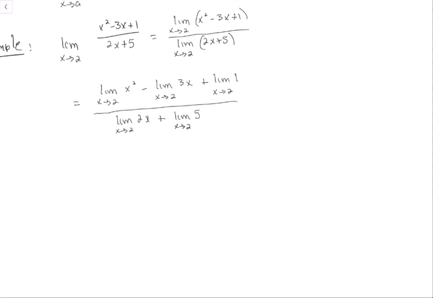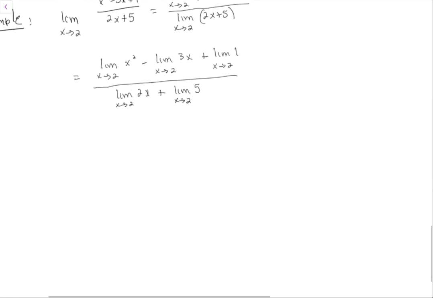Now I'm going to go ahead at this point and throw two of my properties in together. So what I mean by that is when I look at this first term in the numerator, the limit of x squared, I'm going to say this is the limit of x squared, so I'm going to use that power rule that we talked about.